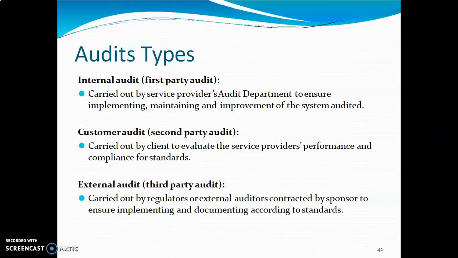So it's a second party who is going to check and confirm. Then we have the external audit, which is called a third party audit, done by regulators or external auditors contracted by the sponsor to ensure implementing and documenting according to the standard. They are going to check whether documentation is done according to the guidelines or not.